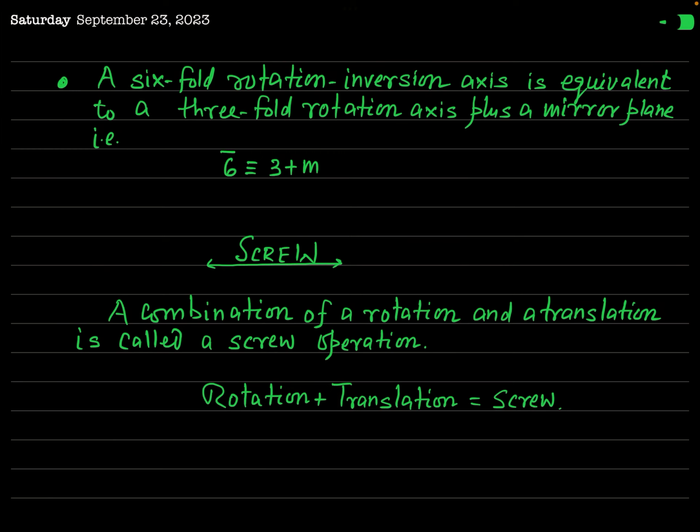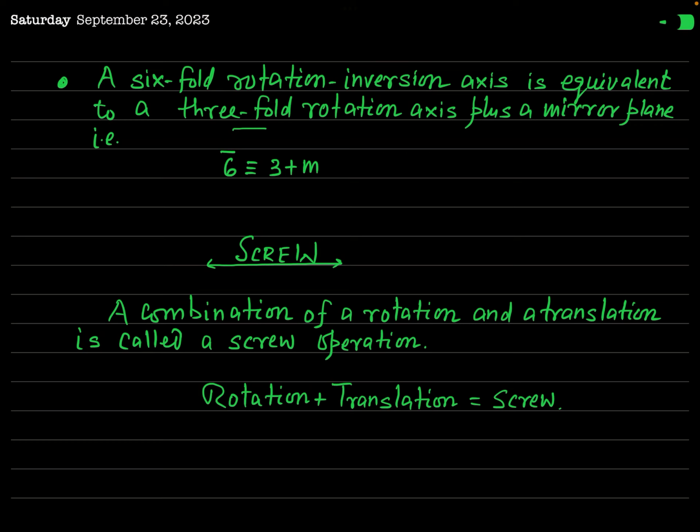Okay. The third important fact regarding this rotation inversion symmetry is that a six-fold rotation inversion axis is equivalent to a three-fold rotation axis plus a mirror plane. It means when you carry out a six-fold rotation inversion, the result will be the same as if there is a three-fold rotation axis and after that we consider a reflection.